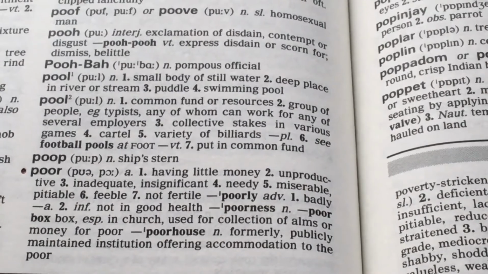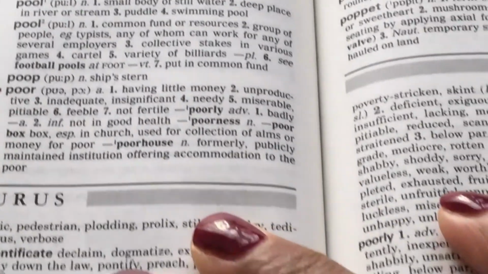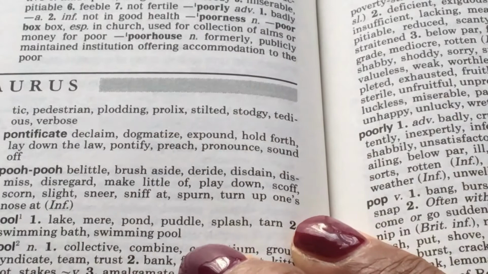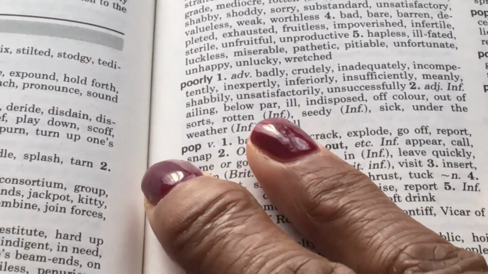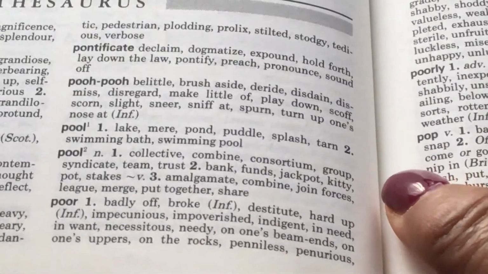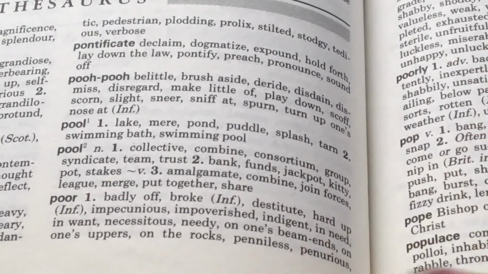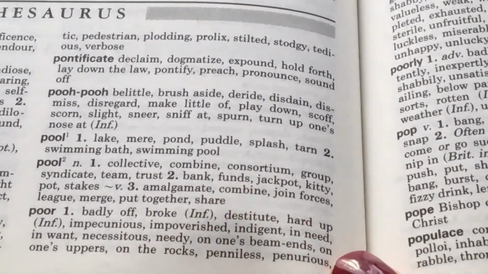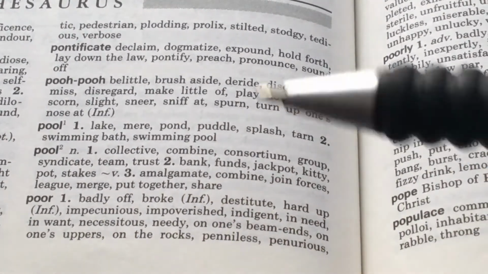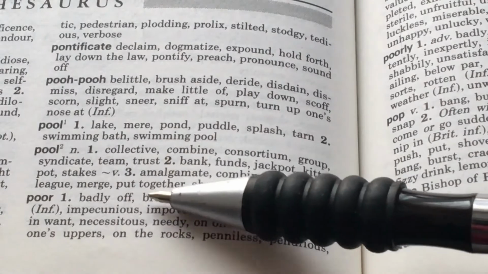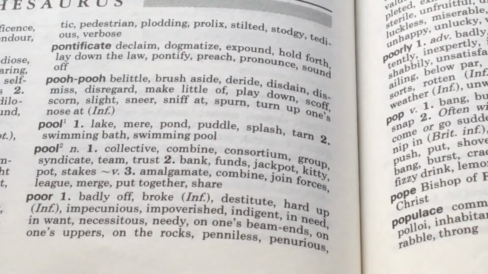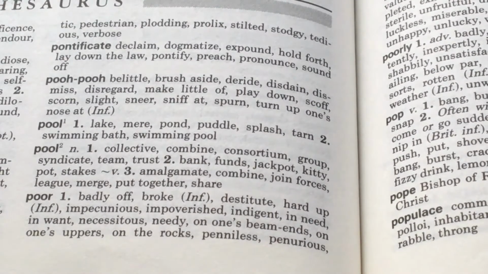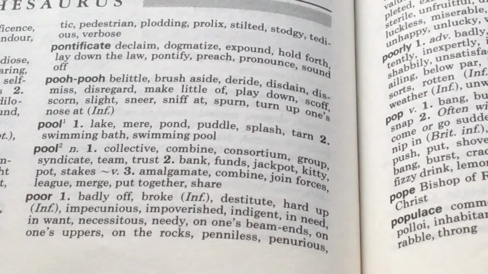And because this has a thesaurus attached to it, I will also have a look at what other words can be used for the word poor, which is here. So instead of using the word poor, you can use badly off, broke, destitute, hard up, impoverished, in need, in want, necessitous, needy, penniless.